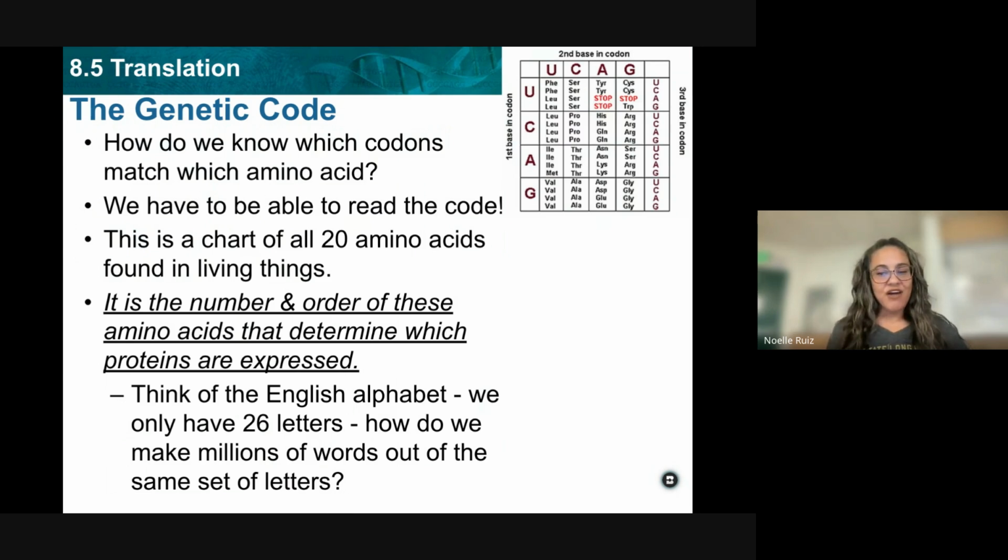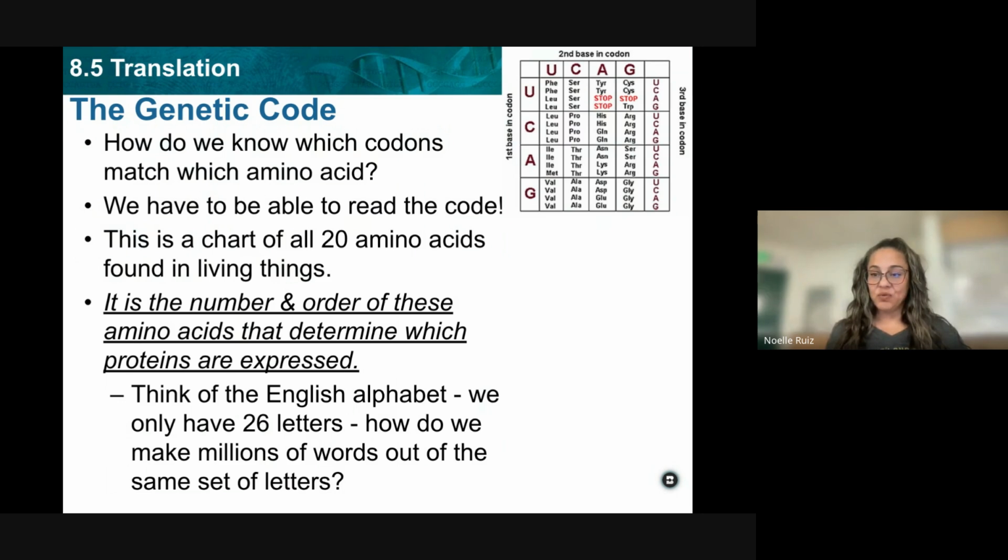So we compare this to the alphabet, the English alphabet anyways. There are many different alphabets all over the world. But in the English alphabet, we have 26 letters, and out of those 26 letters, we can make millions and millions of different words. We do that by putting those 26 letters in different orders and different lengths. The letter I can be a letter or it can be a word all by itself.